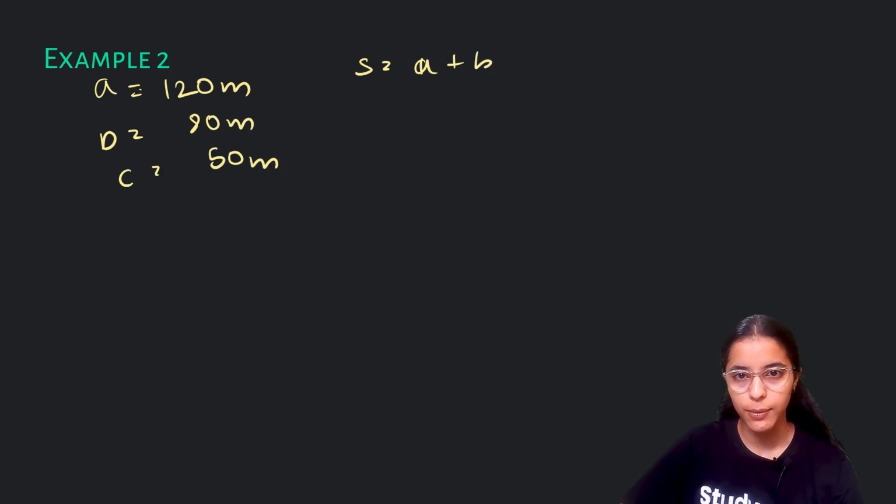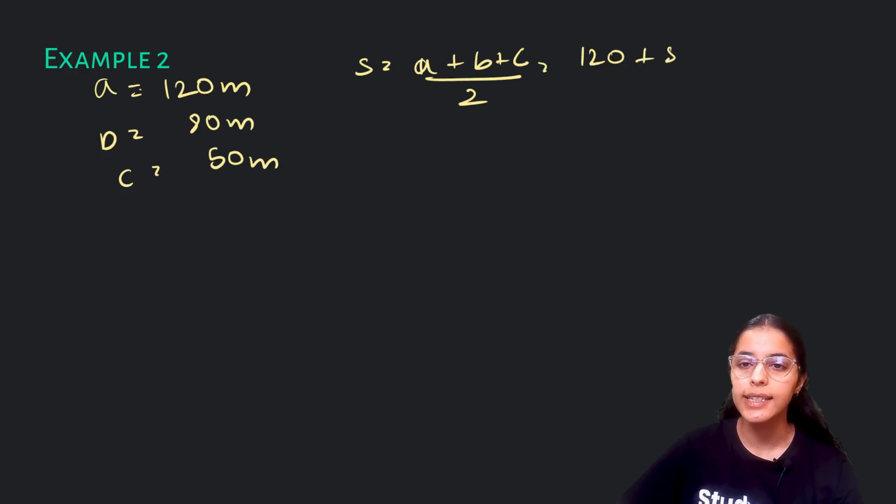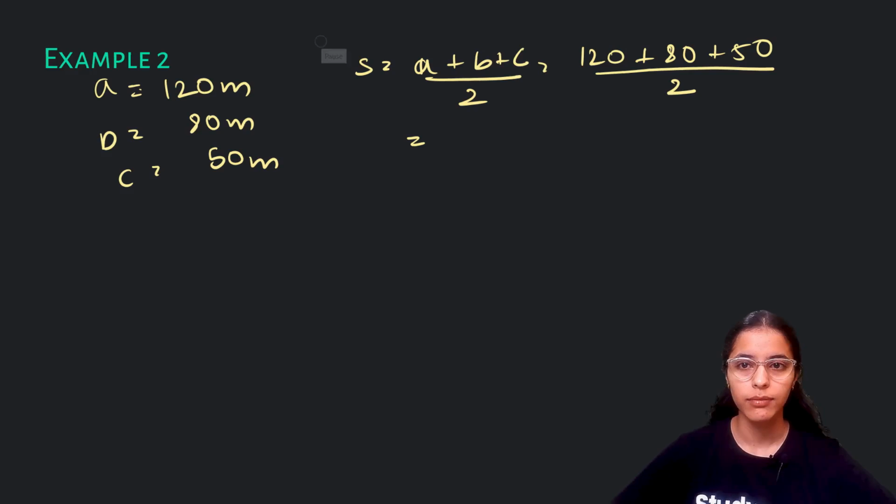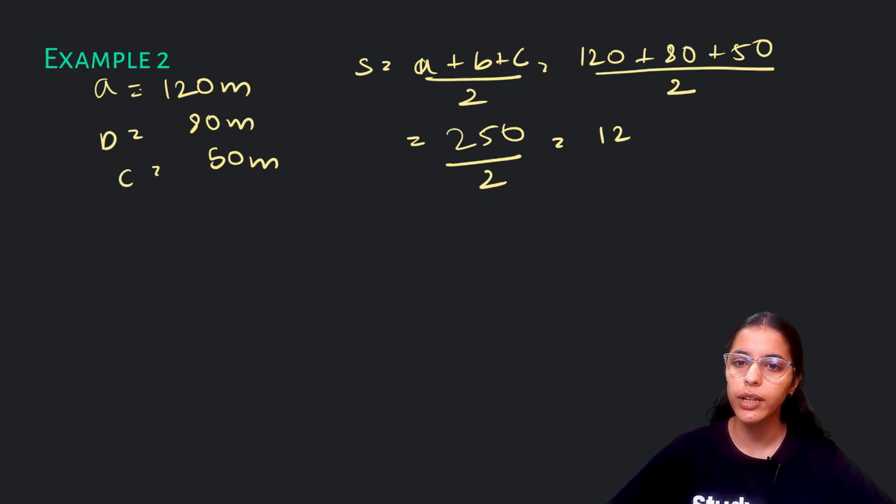It is A plus B plus C divided by 2. It is 120 plus 80 plus 50 divided by 2. Let us add this up. It is 250 divided by 2, which comes out to be 125 meter.